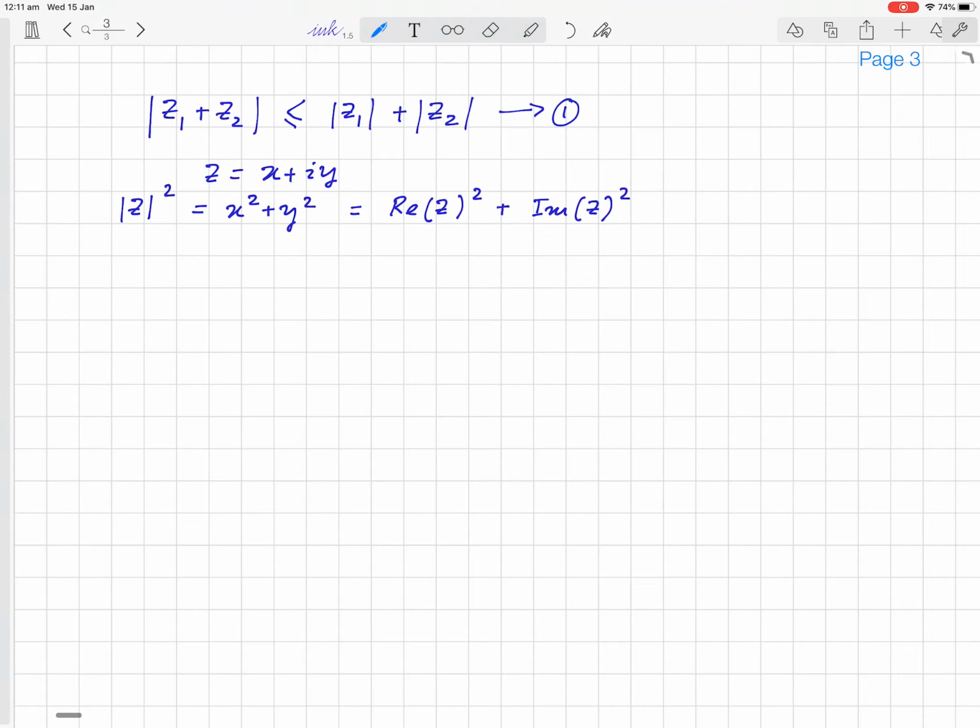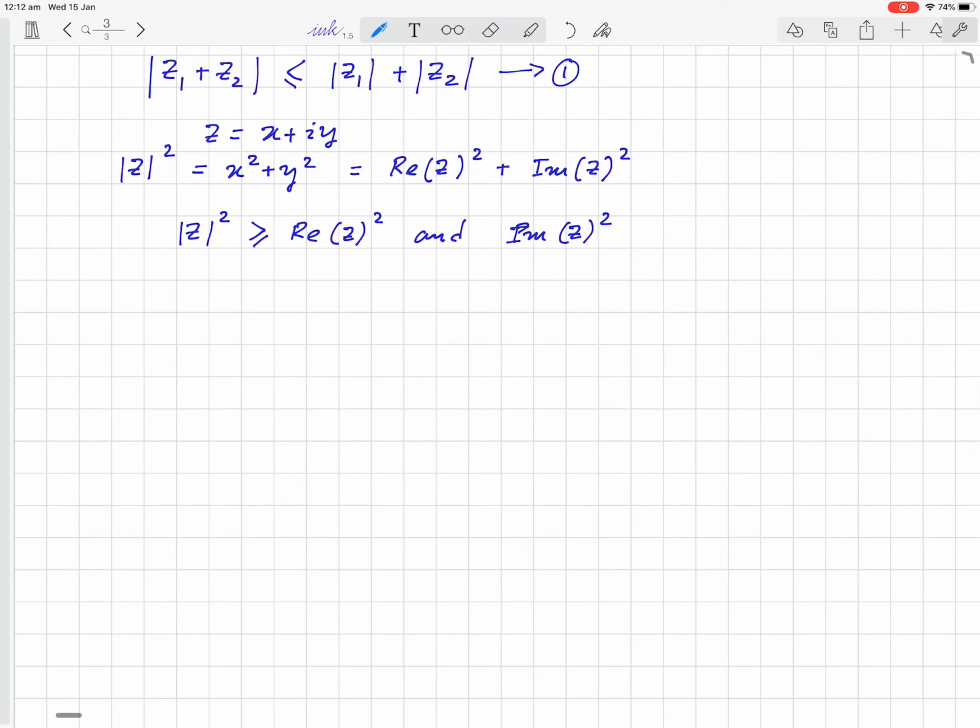So from here one can see that |z| squared is greater than real z squared and imaginary z squared. So |z| squared is greater than both the real value and the imaginary value.